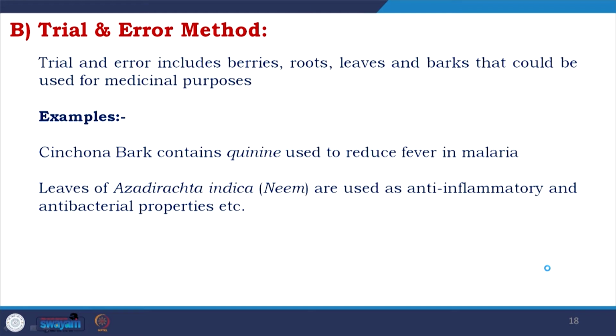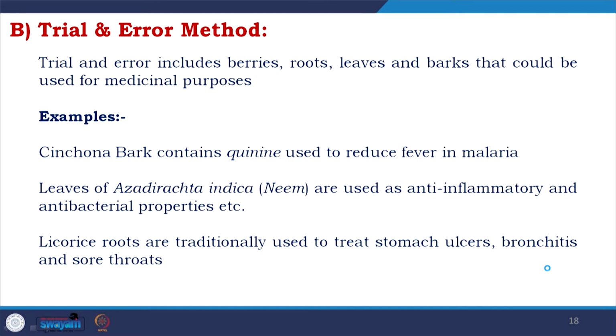Leaves of Azadirachta indica, which is neem, are used as anti-inflammatory and antibacterial. Licorice roots are traditionally used to treat stomach ulcers, bronchitis and sore throats. So, in that way you have a collection of plants, you apply, you see it is affecting, okay, this is right. So, that is called trial and error method.